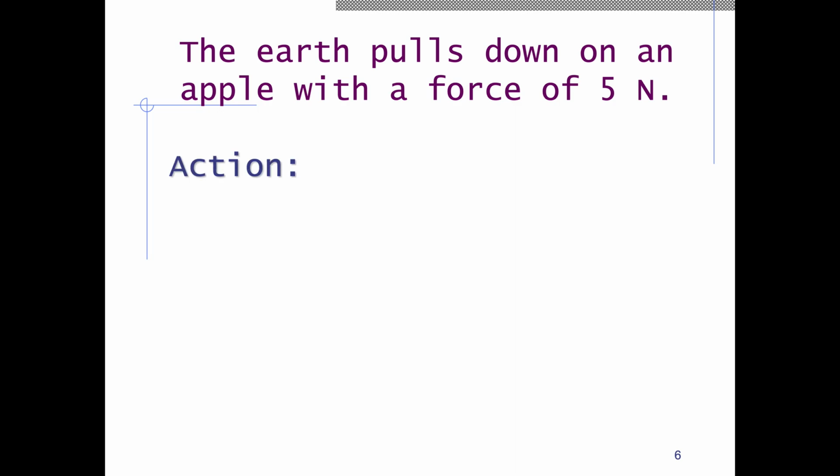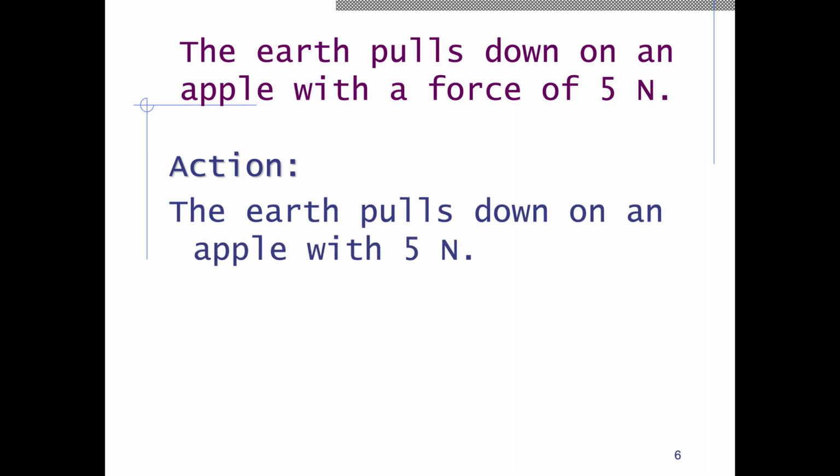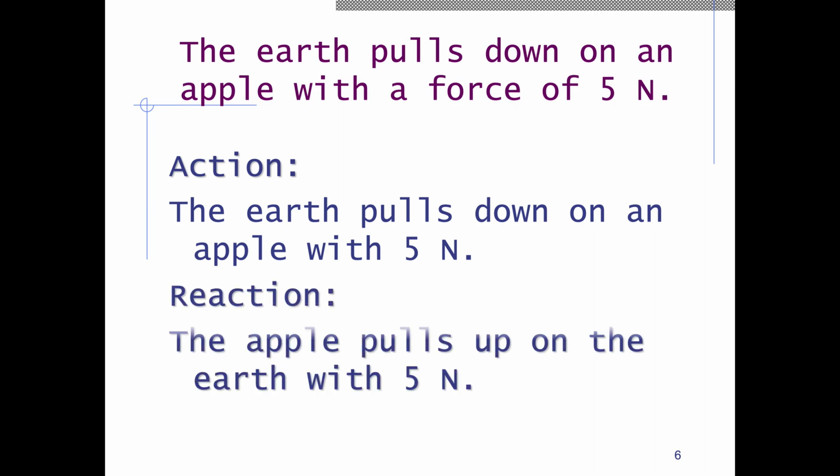Okay, I said we were done, but I got one more in me. The action statement is the earth pulls down on an apple with 5 newtons, so the apple pulls up on the earth with 5 newtons. Swap my nouns, kept the numerical value of the force the same, change the direction, bingo, bango, bongo. Action reactions, just that simple.